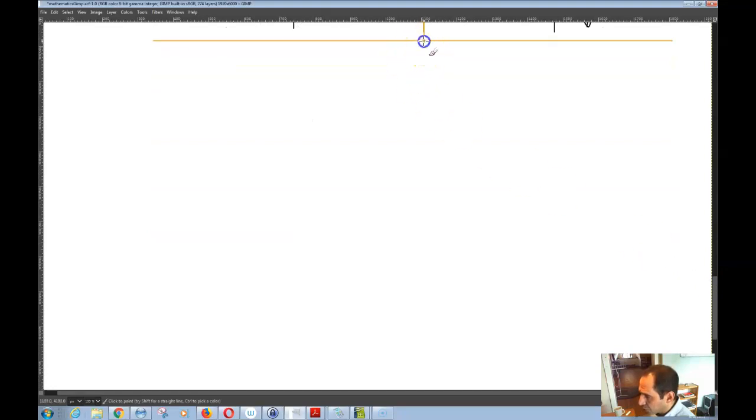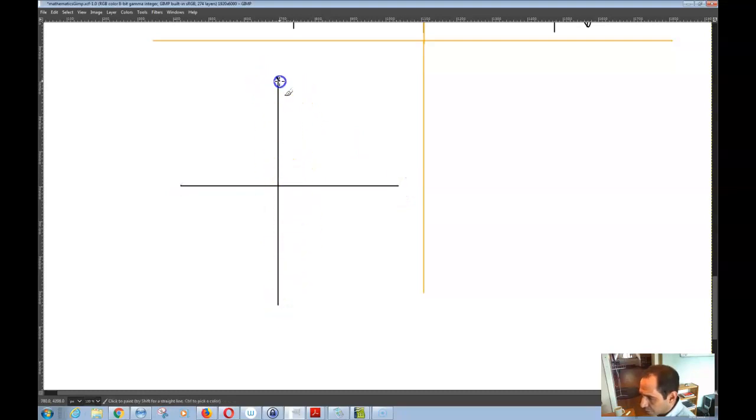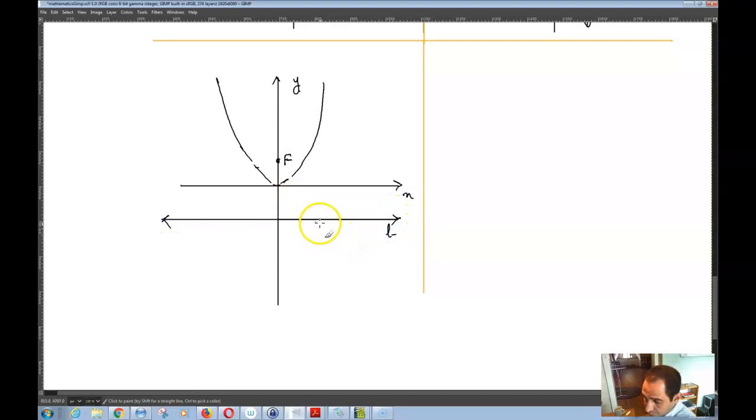You could have your y-axis and x-axis over here, and your parabola could open upwards like this, and then you would have your F over here, the directrix would be over here, this would be your L, and the equation of the directrix would be y is equal to negative a.